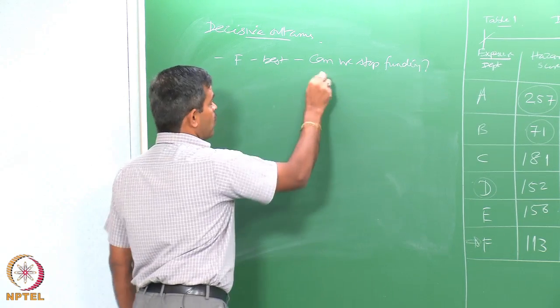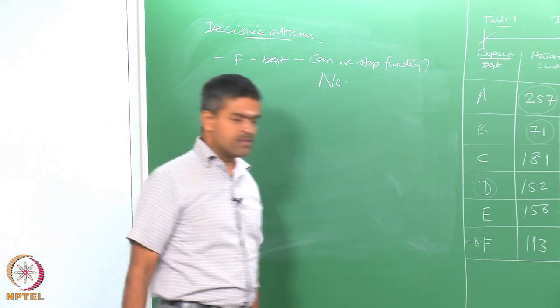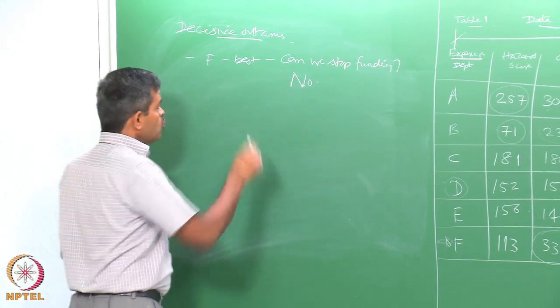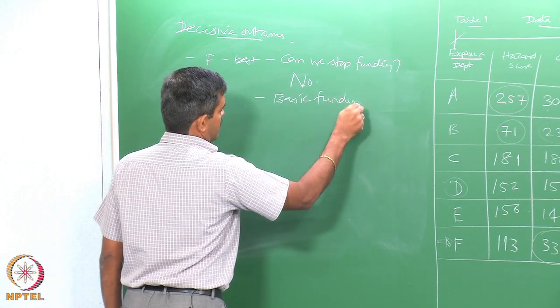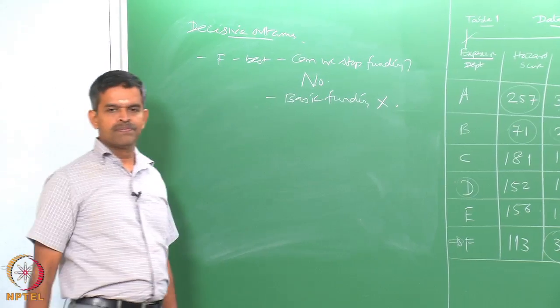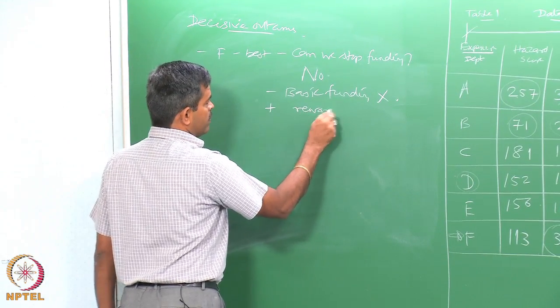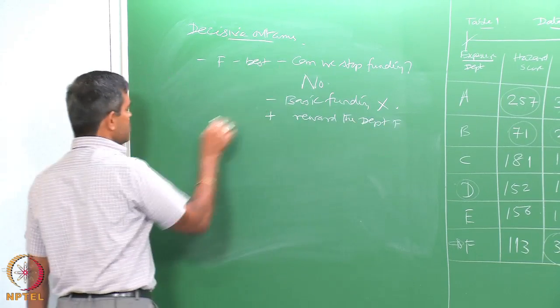The answer is a big no. If you do that, in the next assessment after 6 months, F will become A and A will become F. So, you should not stop the basic funding, that should be given. In addition to that, you have to reward department F, that is the first observation we have.